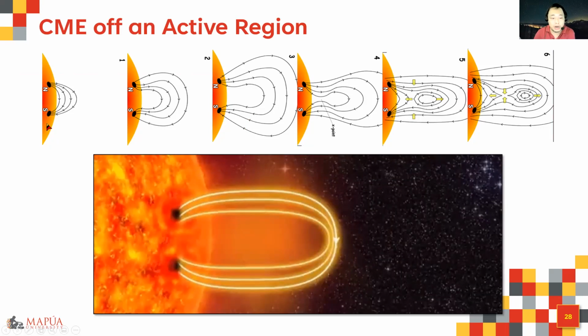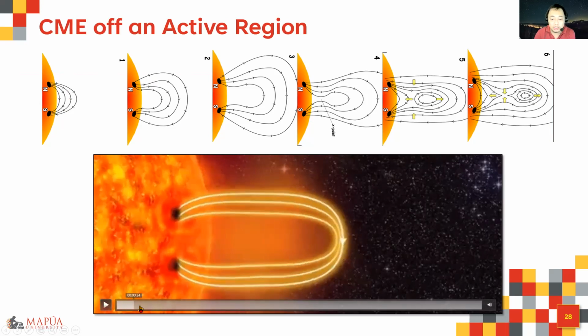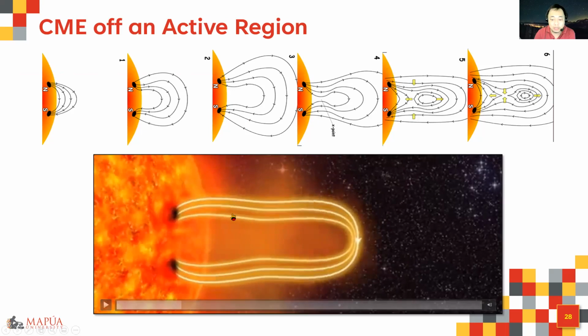If we look at my go-to animation, this part would be like this part. At this moment, you can see that this magnetic field line, which is going to the left, actually starts to be attracted to this magnetic field line, which is going to the right.